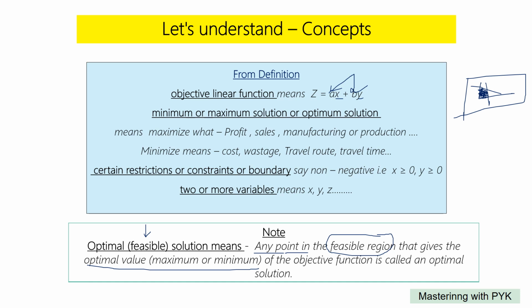Say this point gives me a minimum value. There will be x and y values associated with it. So an optimum or feasible solution means any point which gives the optimum value to an objective function, that is, what I need to find out. It will be a minimum or a maximum.